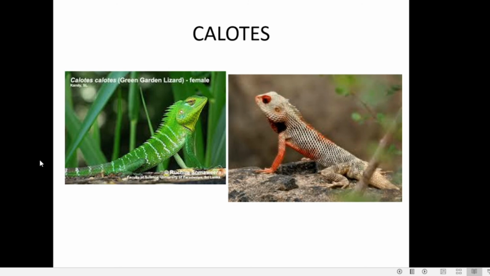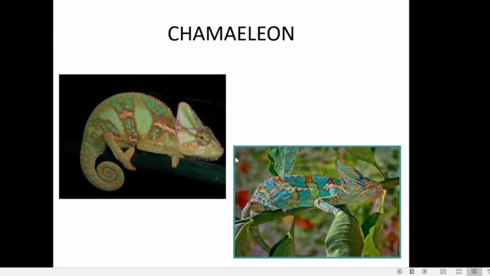Going to some representatives of Lacertilia, this is the Calotes or the garden lizard. You can see the neck and the trunk assuming crimson color during the breeding season in the male, and this is the female. This is the chameleon, which shows camouflage or color change according to the surroundings, and you can see the prehensile tail which can be coiled around the tree branches, which is a tree living adaptation of chameleon.